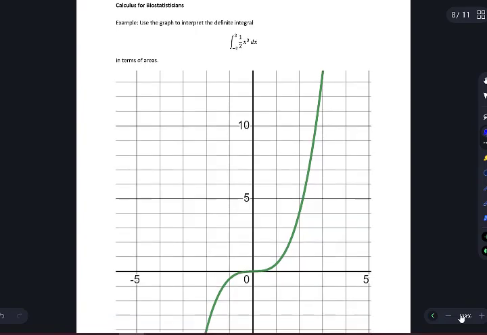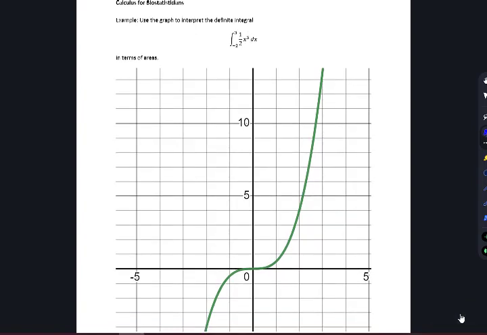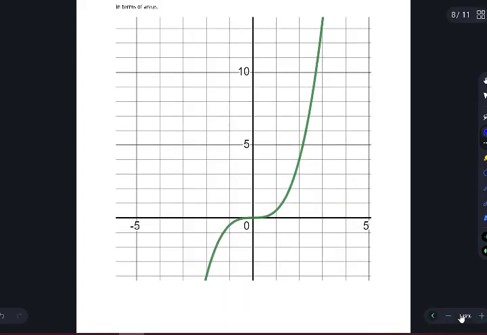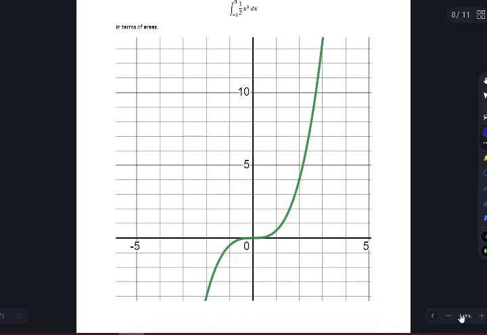Looking at this one, here we would want to interpret the definite integral from -2 to 3 of one half x to the third. Again, we're interested in -2 to 3. Here we have -2, and here we have 3. So the area under the curve would consist of this area and this area.